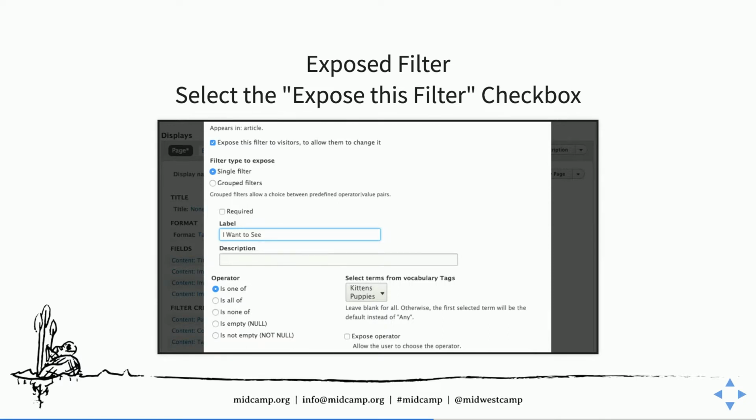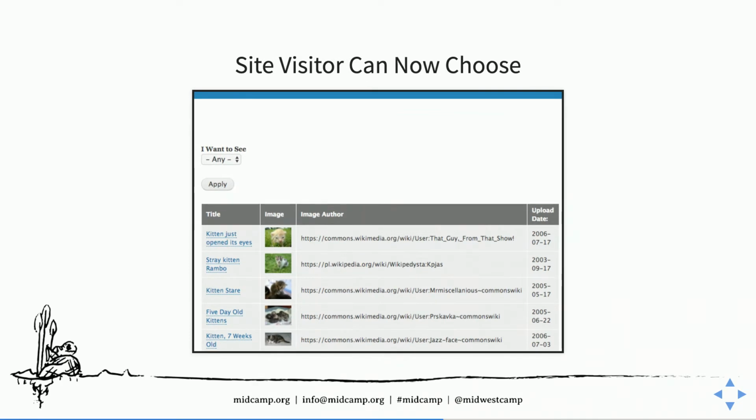We can define the label, which appears above the select box in this case. We have operators where you can do the inverse, where it's not one of the ones you selected. Those are also options. The most common use case is to just say is one of, because whatever the site visitor is selecting is what we will show.